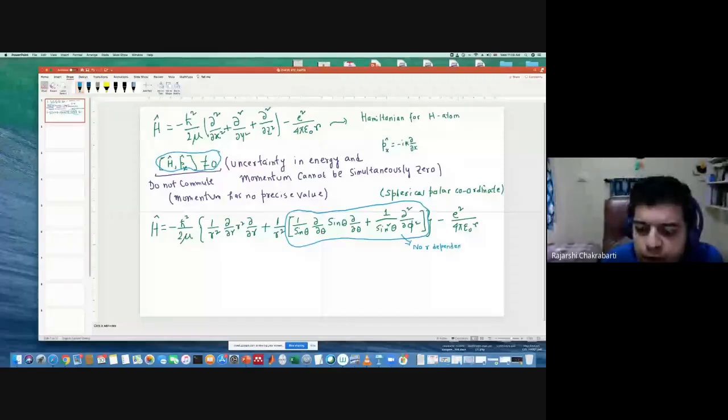And I'm going to call this operator, let us call it A. So what I have here is a Hamiltonian, which is, I'm not going to write it again, the R part plus A over R square minus the rest.